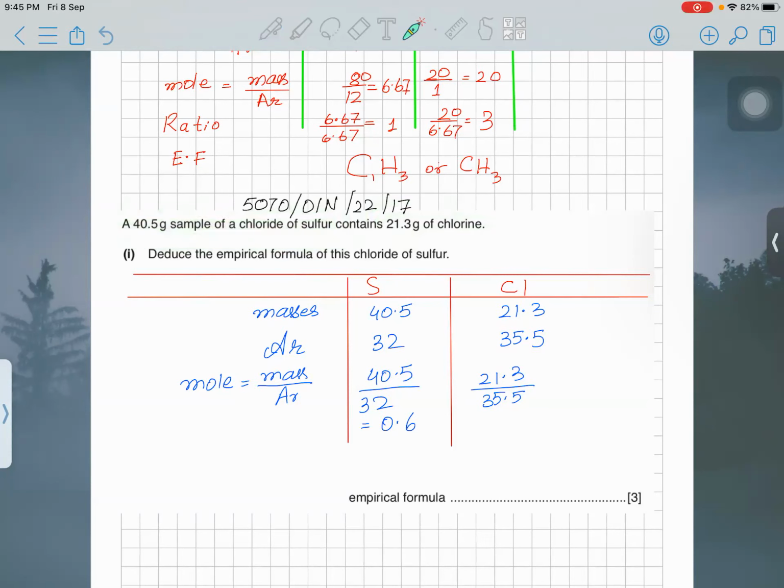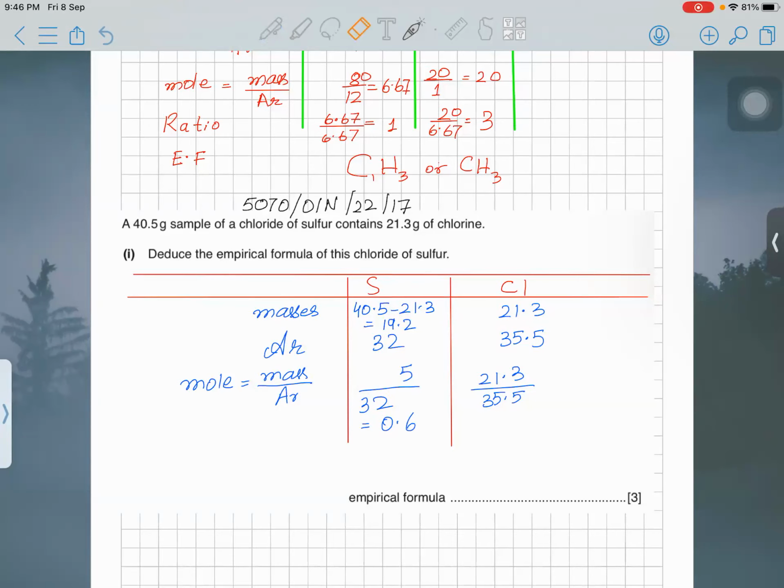So you find the mass of sulfur: 40.5 minus 21.3. What will be the value? Sir, 19.2.